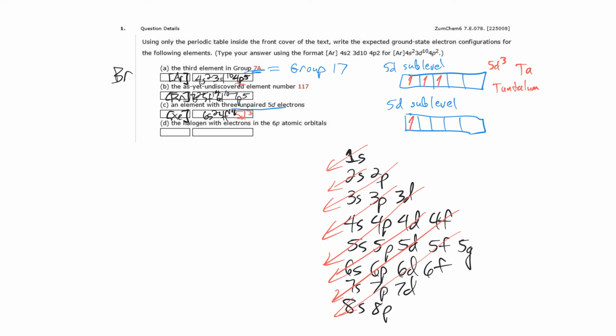What if we got 3 unpaired electrons by giving each orbital 1 electron and 2 of the 5 orbitals 2 electrons? This configuration ends with 5d7. We still have 3 unpaired electrons.